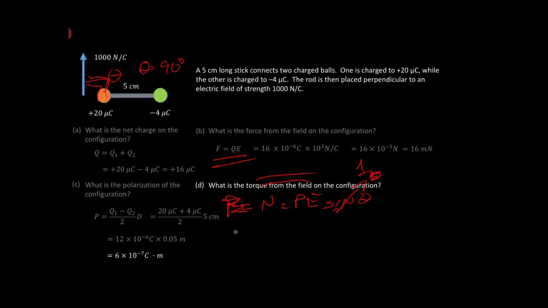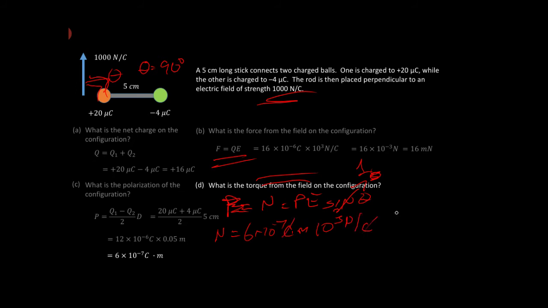And so our torque is then just 6 times 10 to the minus 7 coulomb meters times 1,000, 10 to the cubed, newtons per coulomb.